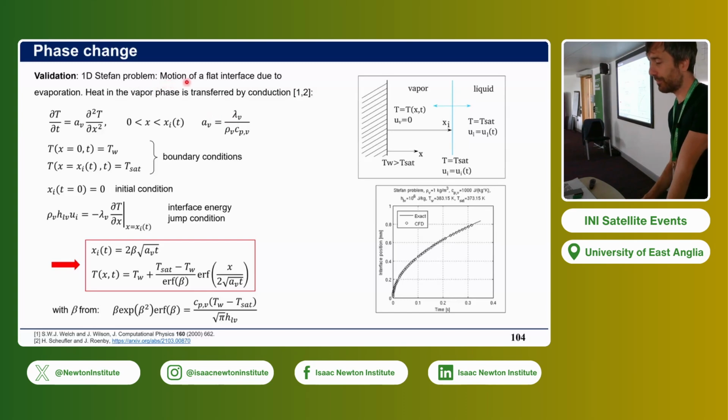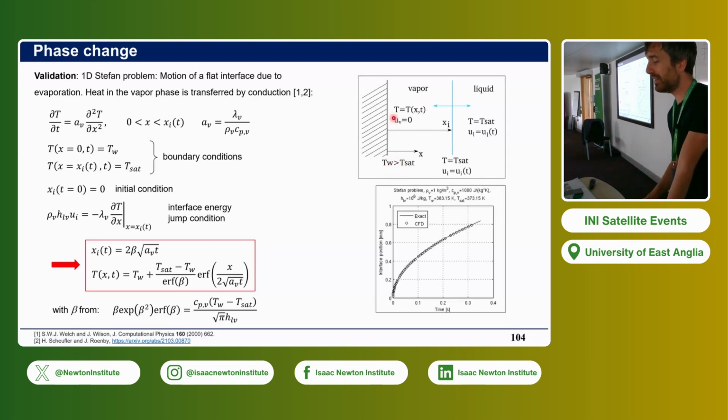One-dimensional Stefan problem, it considers the motion of a flat interface due to evaporation. So take a wall, bring a layer of vapor next to it at saturation conditions, and liquid on the opposite side at saturation conditions. Now, the wall is going to be heated up at a temperature much larger than saturation.